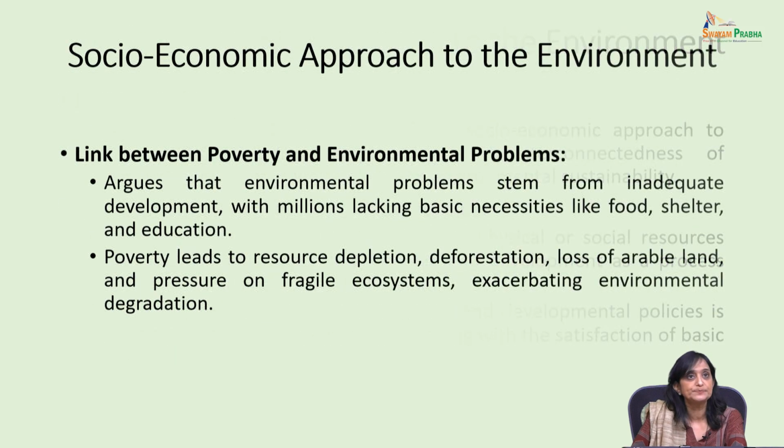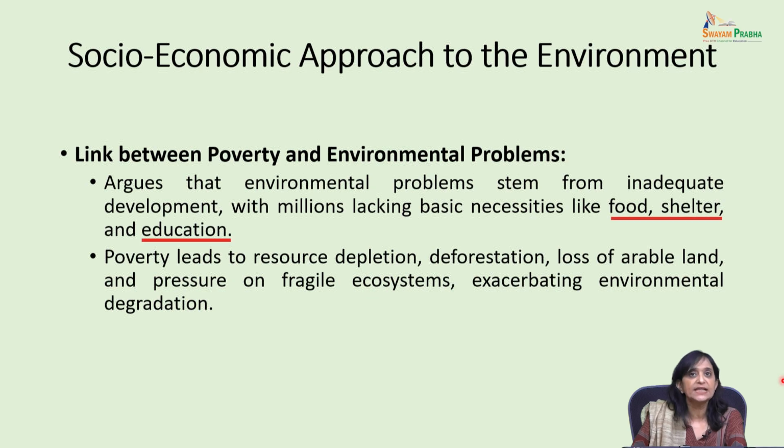He says that there is a very strong link which gets established between poverty and environmental problems, arguing that environmental problems stem from inadequate development, where millions of people lack basic necessities like food, shelter and education.